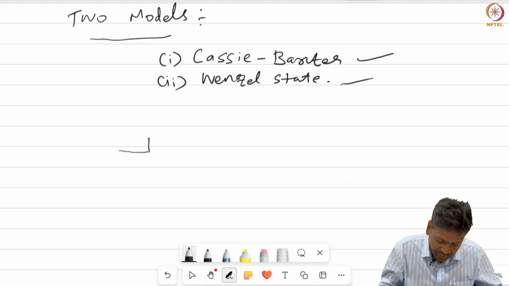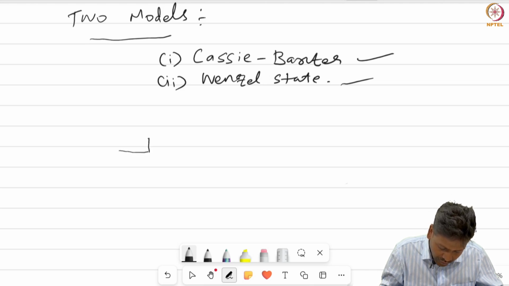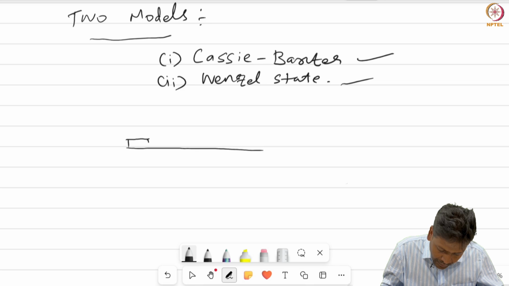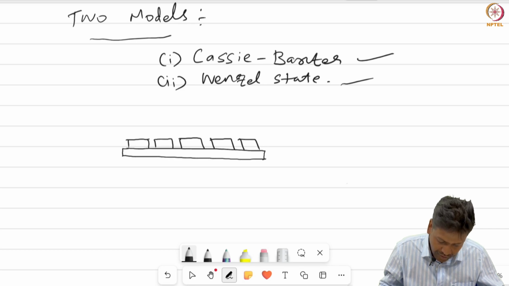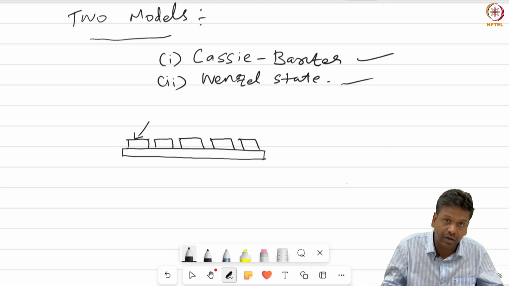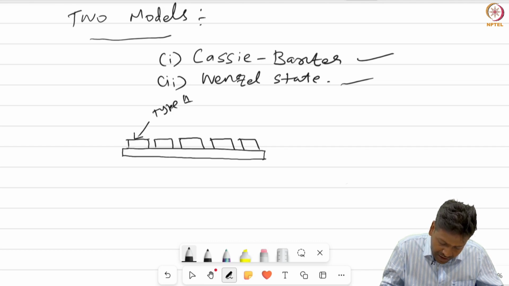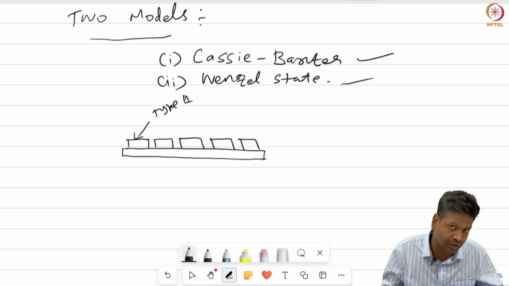Let's say we have a surface where we have type 1 impurity. At the same time, we also consider a surface with porosity.